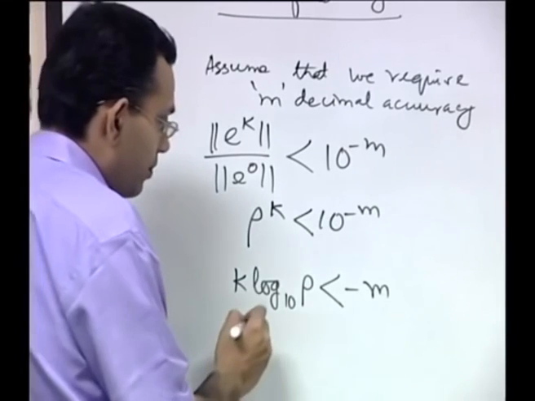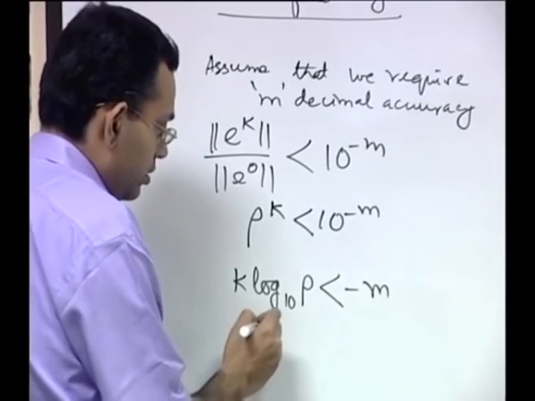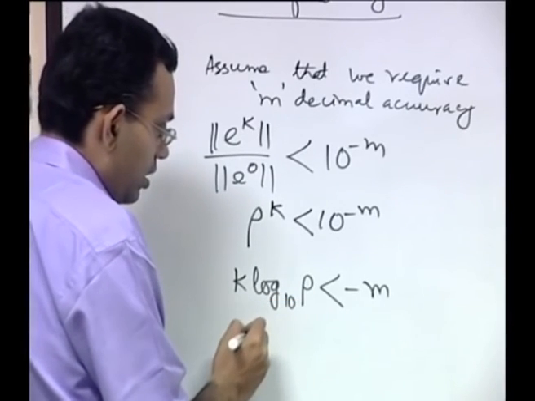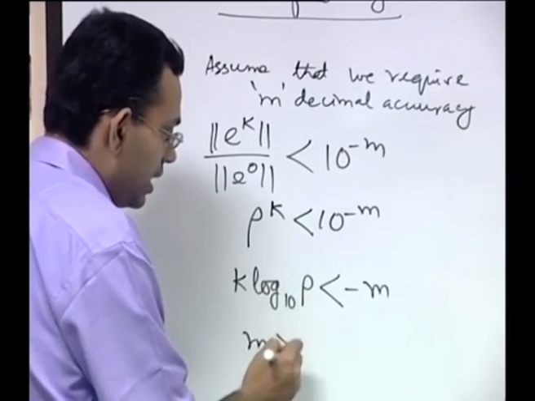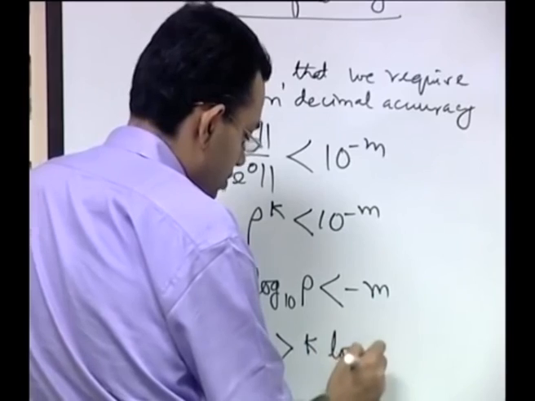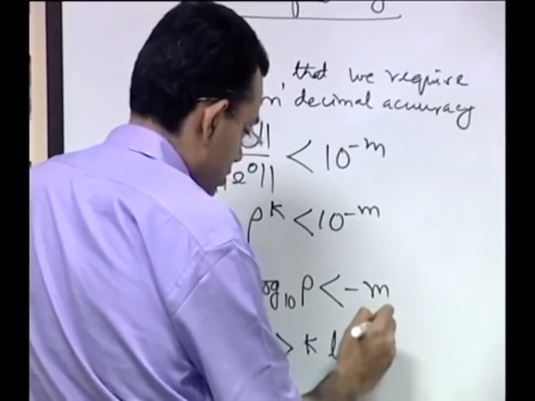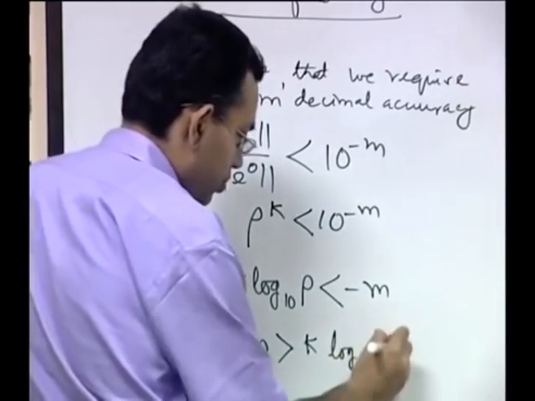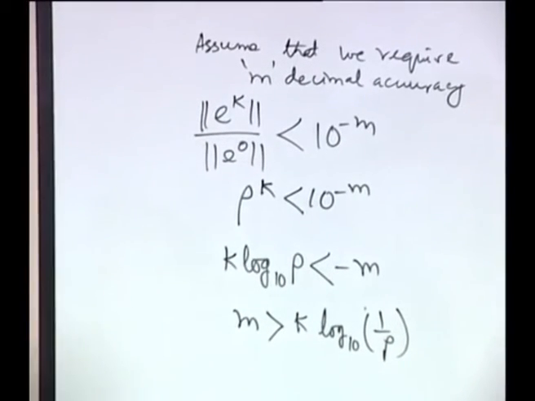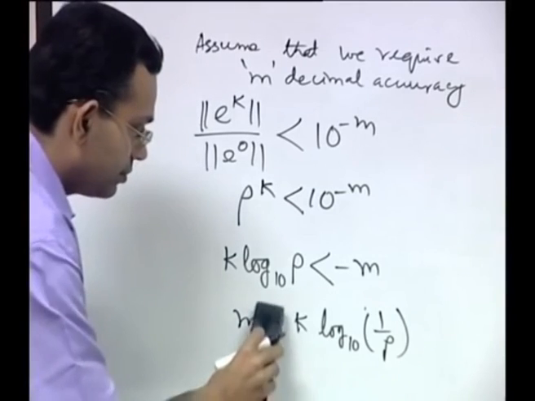So, we have m greater than k log 10 of 1 by rho, sorry, less than, right.